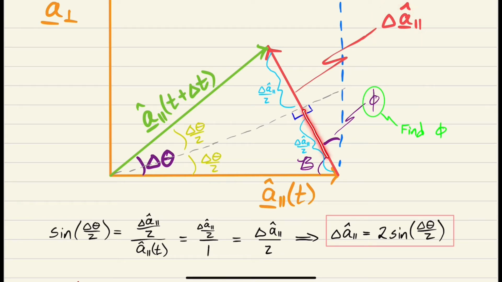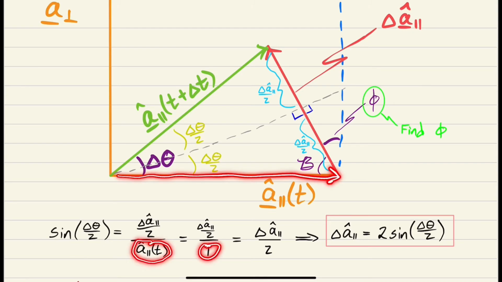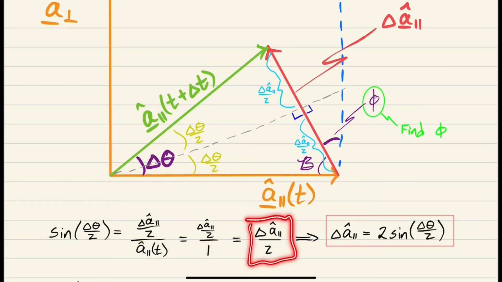So it's this length right here, which is this blue term, which is a scalar, delta a hat parallel over 2. So opposite over hypotenuse, and the hypotenuse is this side right here, which is a hat parallel, which is just equal to 1. Okay, so sine delta theta over 2 is equal to the change in the magnitude of a hat parallel over 2.